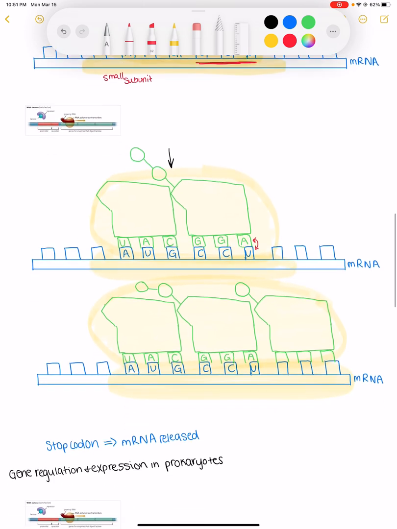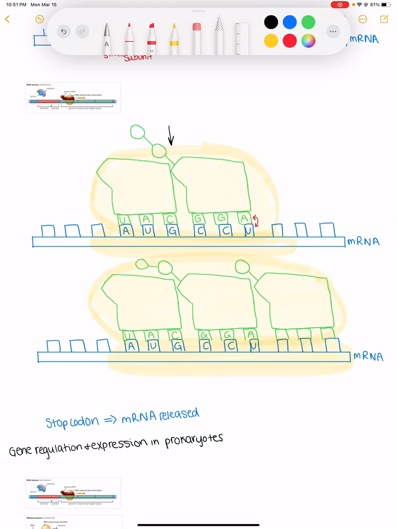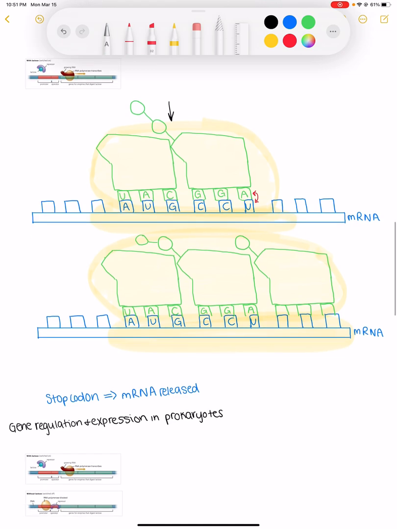So once that amino acid can form the peptide bond, this empty tRNA will leave. It's done its job. It's given us the amino acid. And the next tRNA can come in. And so the same thing will essentially happen where these 2 amino acids will be able to join this one.